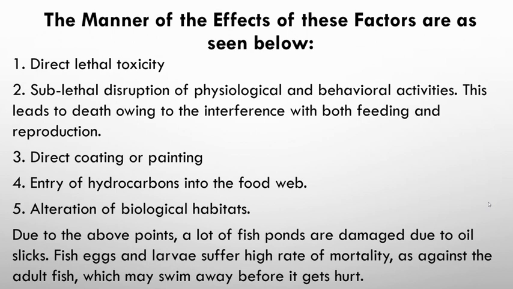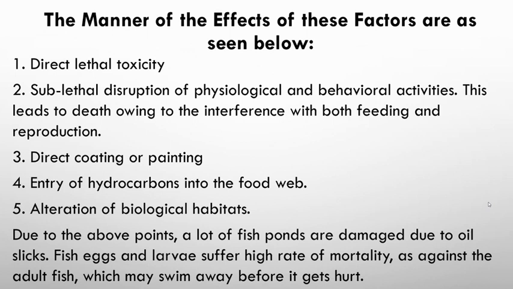Now, there is direct coating and smothering. Sometimes you see this polluted oil spill environment where the oil is so much that some of the birds and other animals cannot even fly again because the oil has coated them. Another thing is that it causes the entrance of hydrocarbons into the food chain, and this is not okay, because if the hydrocarbon is cancerous, it means you have introduced a cancer-causing agent into the food chain.